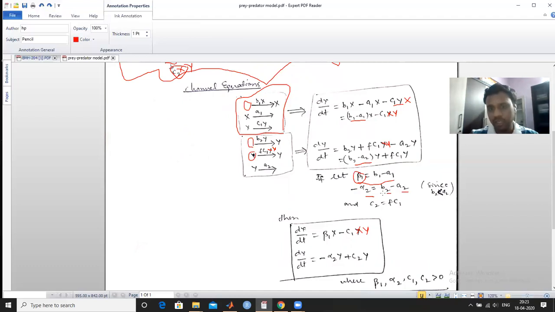If this quantity is negative, then we take minus alpha 2 so that alpha 2 becomes positive. So therefore they have taken the minus alpha 2.